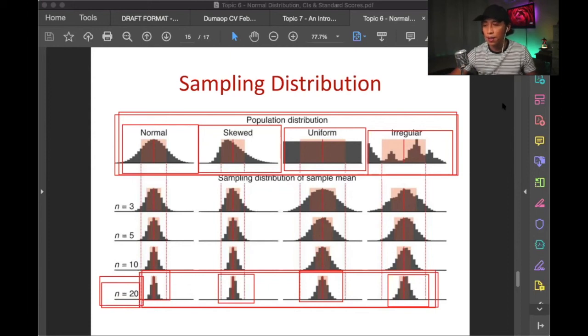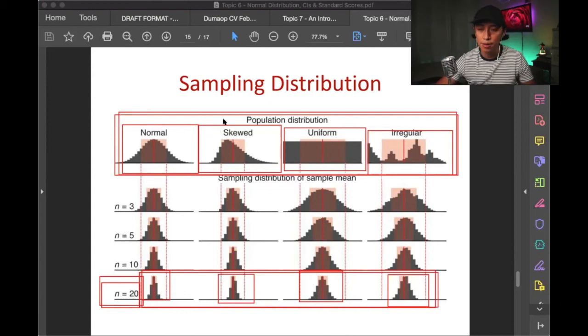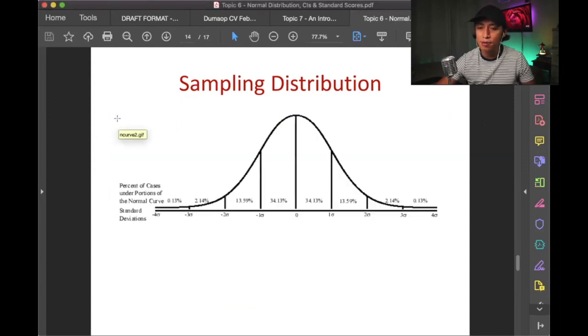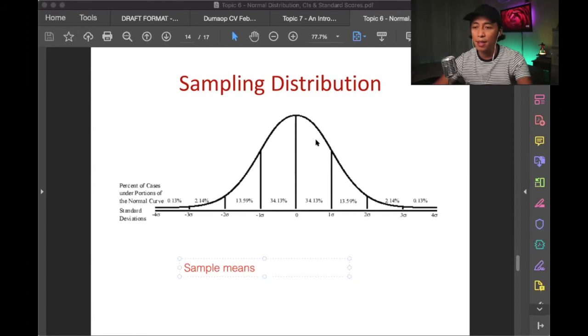And we can guarantee that by increasing our sample size. And that's why in research, favored yung mga studies na malaki ang sample sizes. Now, the thing about the sampling distribution is that itong sampling distribution na to, ano ang content nito? Ang content nito ay sample means. So dati, ang pinag-uusapan natin, ang content ng distribution ay raw scores.